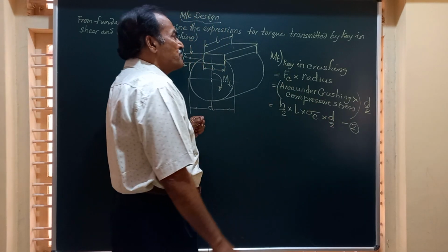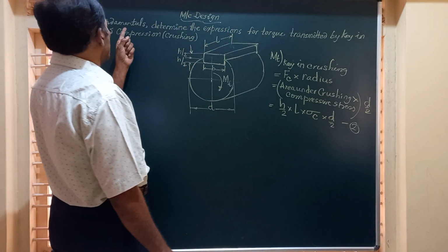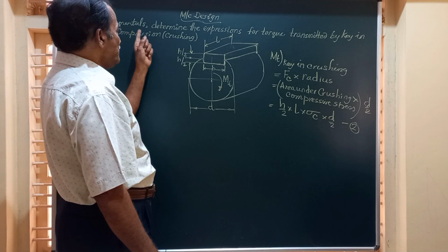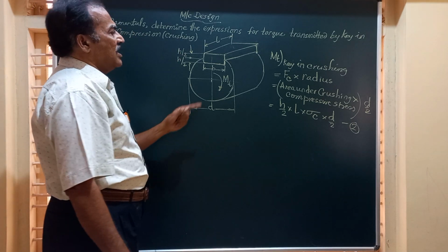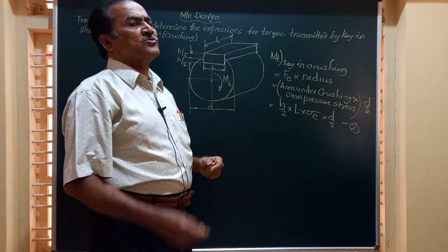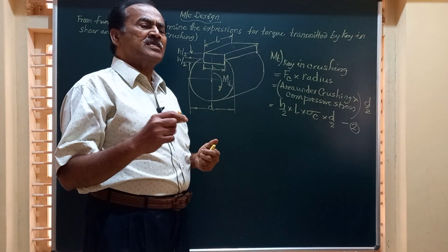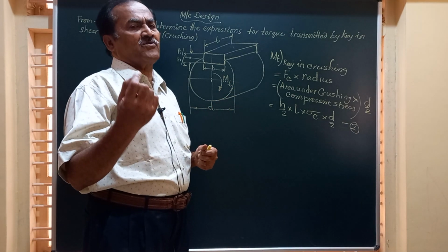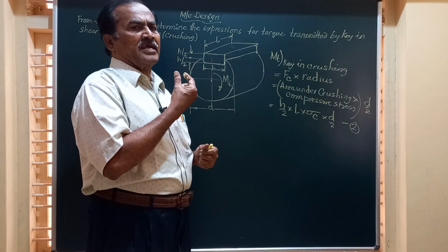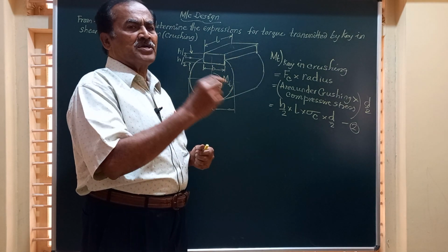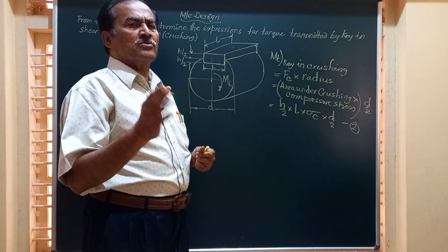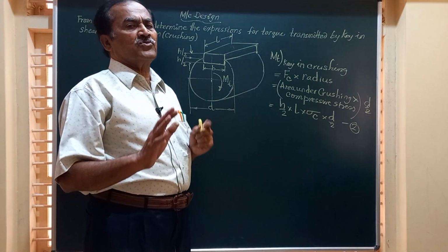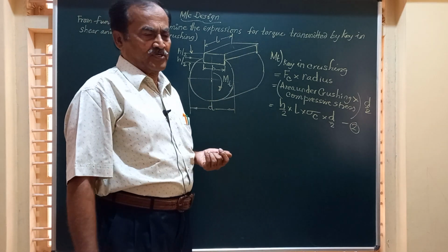These are the two basic equations which you have derived from the fundamentals, and these equations we are going to use in the design of any type of key, whether it is a rectangular key, a tapered key, or a square key, whatever it may be. These are the two expressions we are going to use.